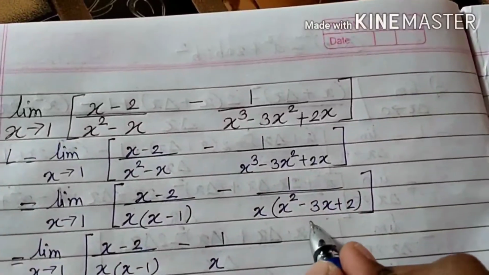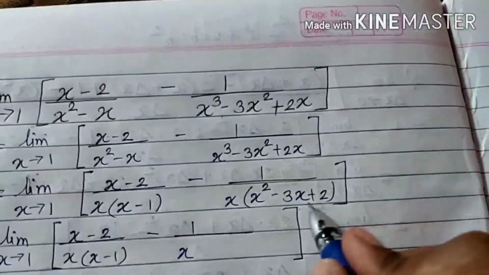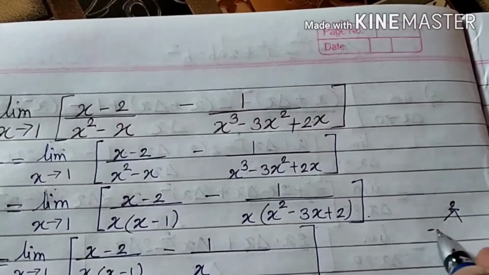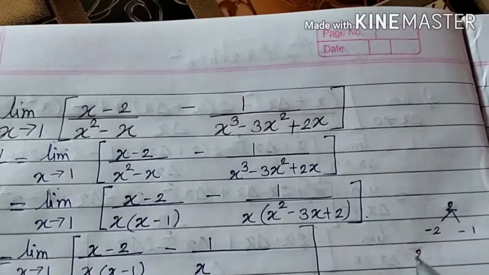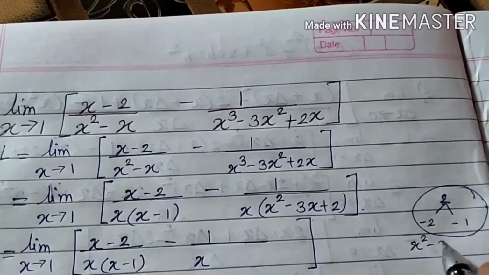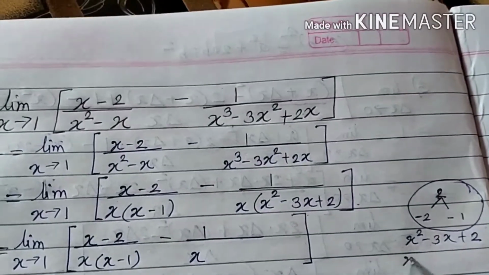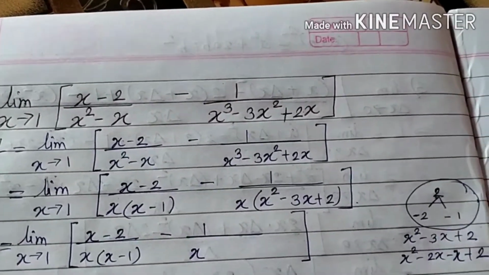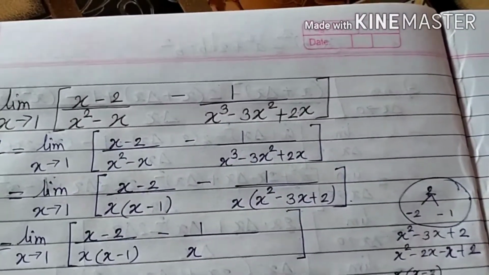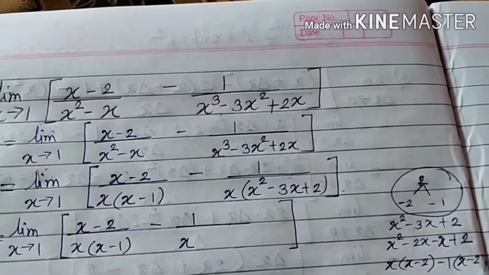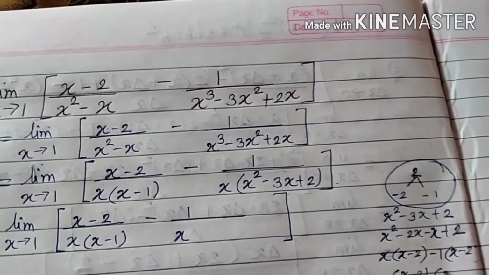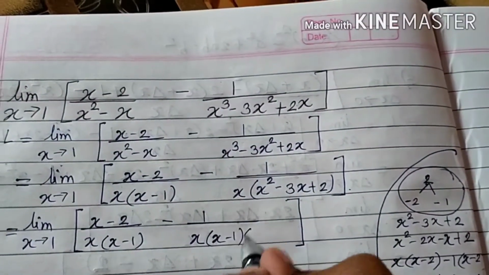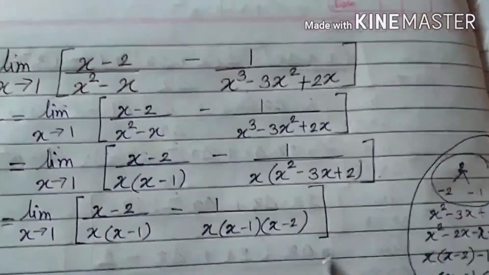Now this is a quadratic equation, so you have to find the factors of this. So 1 2, and the factors of this are minus 2 and minus 1. So x square minus 3x plus 2 is x square minus 2x minus x plus 2, x common, so it is x minus 2 and x minus 1 are our factors. So write here x minus 1, x minus 2.